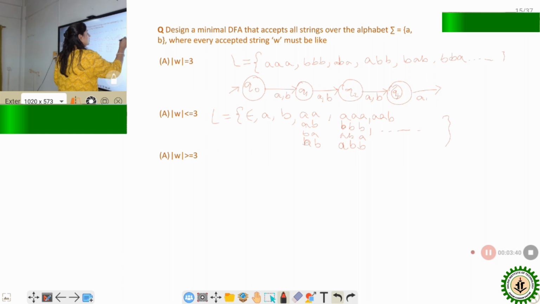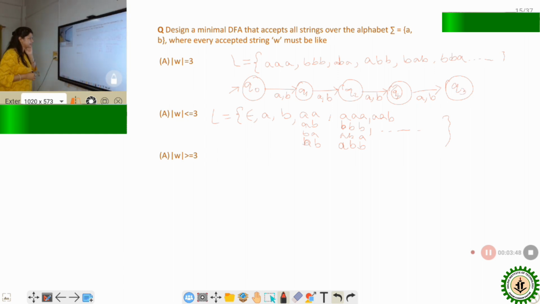So, it will go to the reject state. Same here: if the length of our input string is greater than 3, it will not accept.